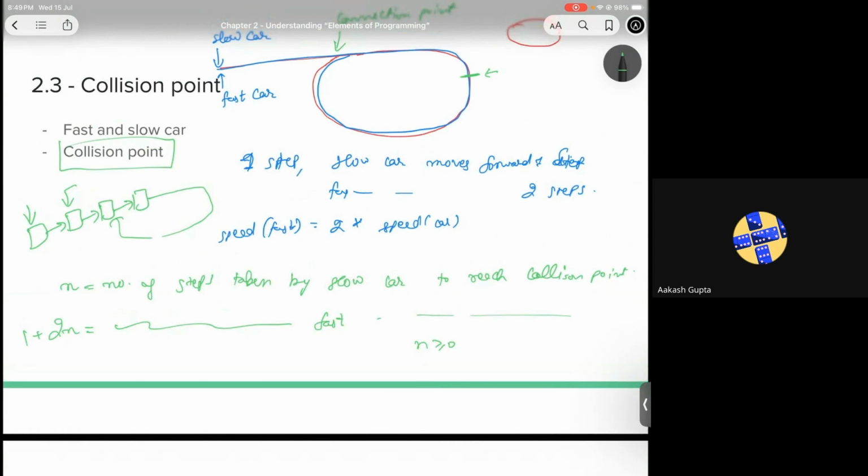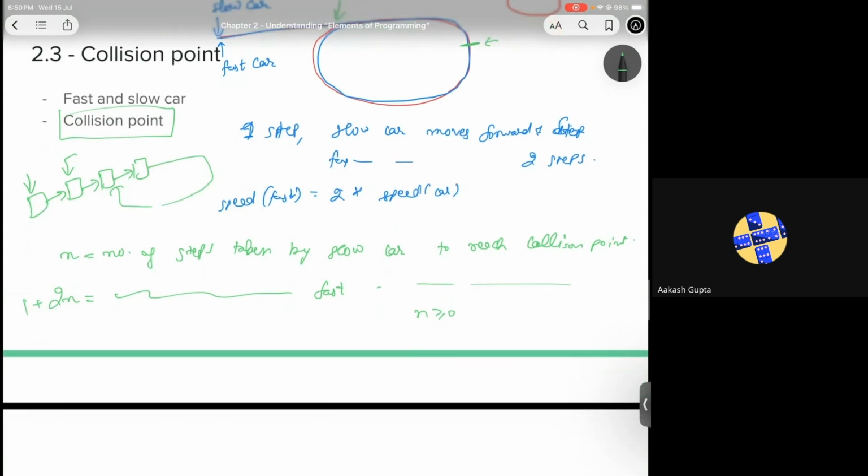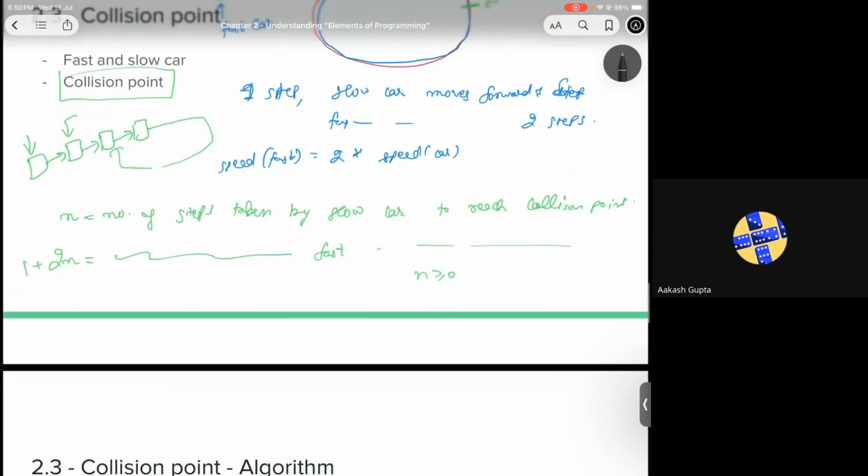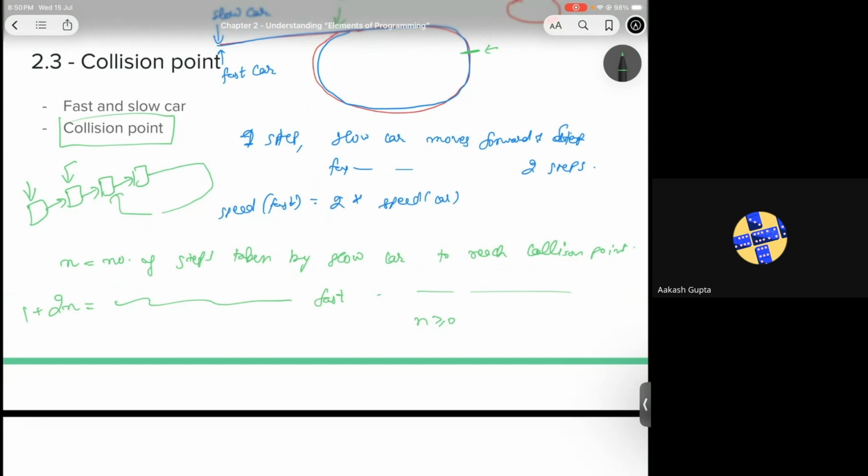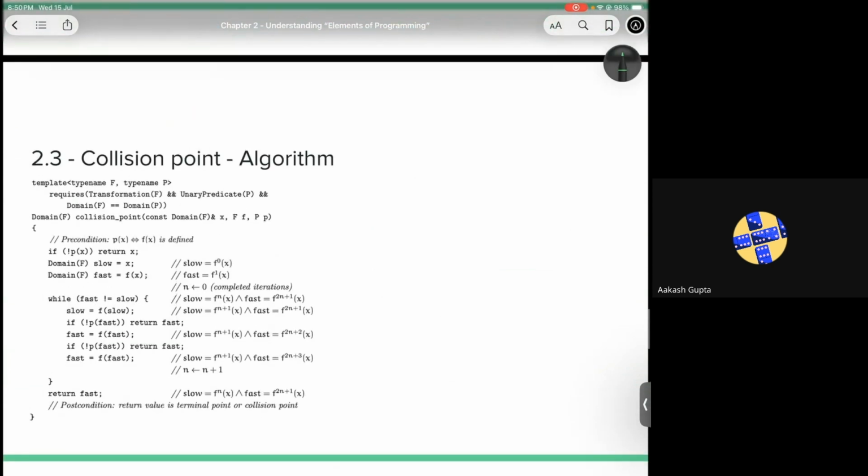In the first approach, both cars start at the same starting point. But in the second approach, fast car has a jump start, like it starts with one element after the starting element, and then the algorithm starts. Okay. So as per the book, we will go with the second approach where fast car has a head start of one element or one node.